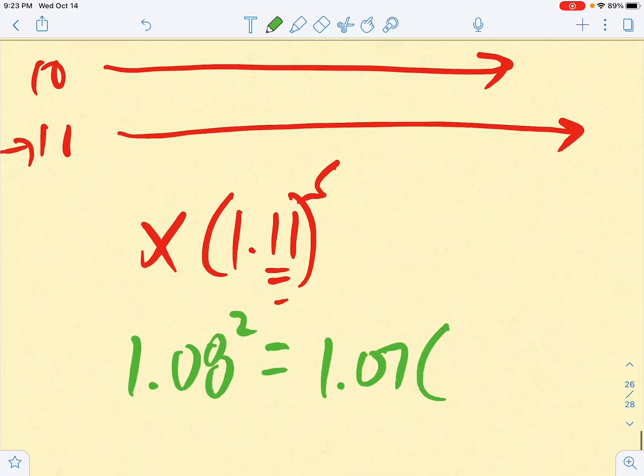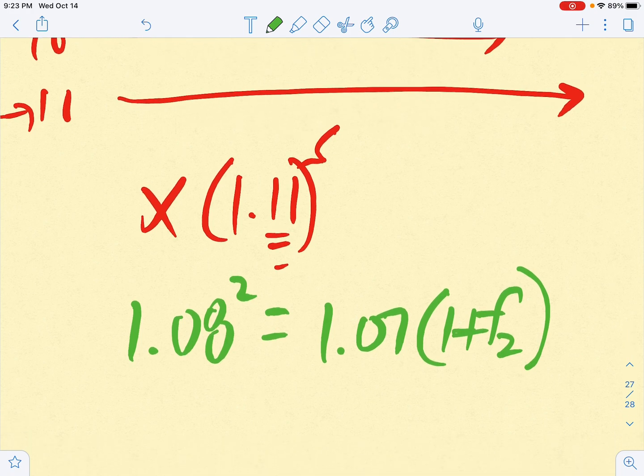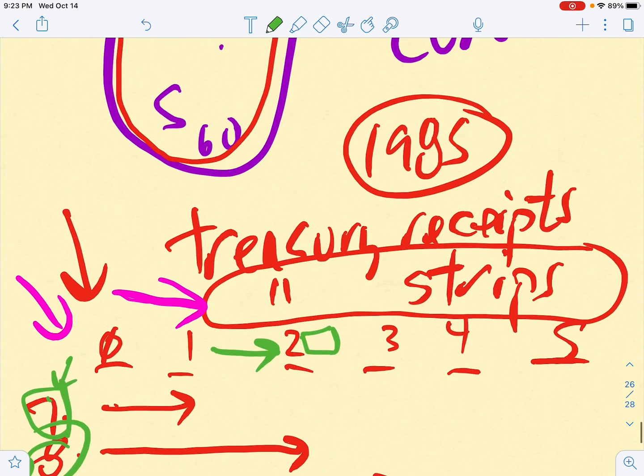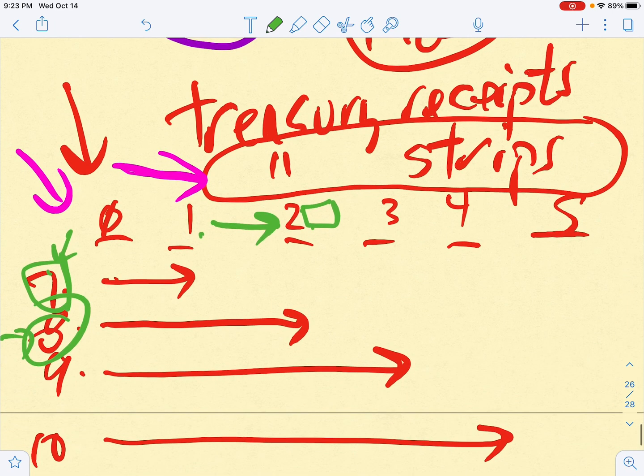And then I'll say 1 plus F sub 2, the forward rate over the second period. And so the forward rate over the second period in this example is the interest rate someone would have to earn between date 1 and date 2 so that they have just as much money at date 2 as someone who had locked at 8% per period originally at date 0.